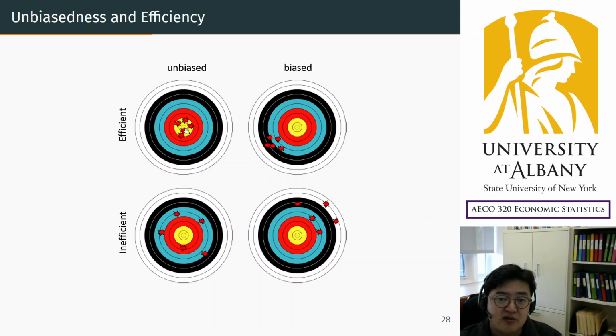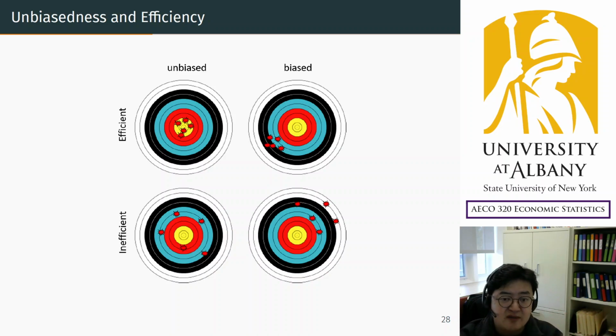So let's compare this outcome with this case. You shoot 5 bullets, and they hit different places. But on average, they seem to be correctly centered at the bullseye. That is right. But the problem is the shots move a lot, maybe because of the recoil.